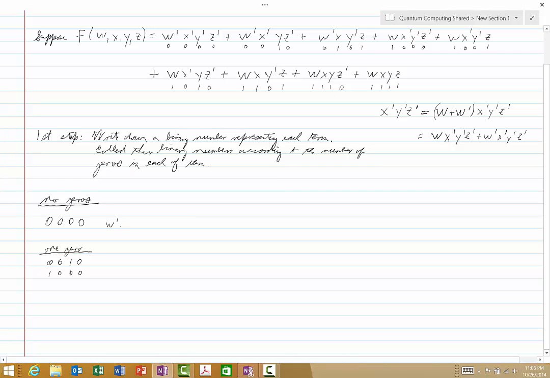So 0, 0, 0, 0 corresponds to that first term, W prime, X prime, Y prime, Z prime. 0, 0, 1, 0 corresponds to W prime, X prime, Y, Z prime. 1, 0, 0, 0 corresponds to W, X prime, Y prime, Z prime. And at the same time, I'm going to go up to our list and cross off the terms as we write down each.